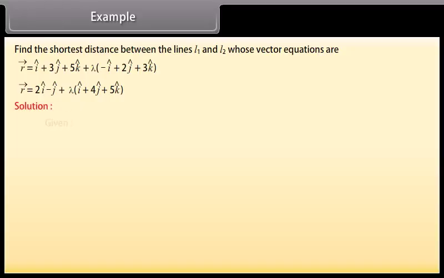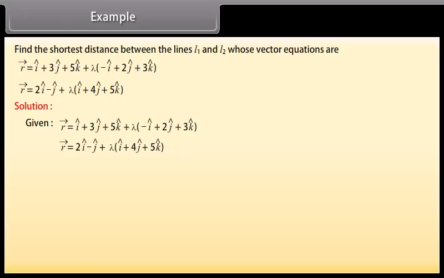Solution. Given vector r equals i cap plus 3 j cap plus 5 k cap plus lambda (minus i cap plus 2 j cap plus 3 k cap), and vector r equals 2 i cap minus j cap plus mu (i cap plus 4 j cap plus 5 k cap).